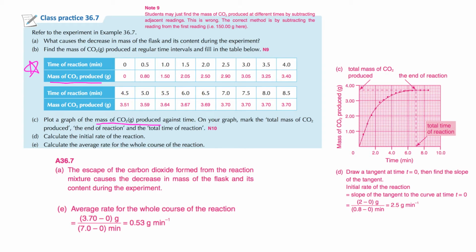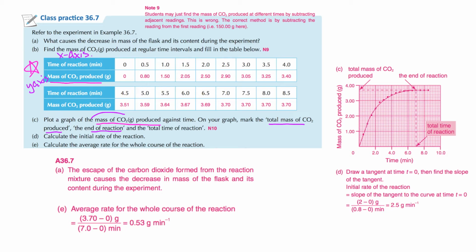So this will be the y-axis, and then the x-axis will be the time of reaction. So remember, you have to mark the total mass of CO2 produced and also the end of reaction.